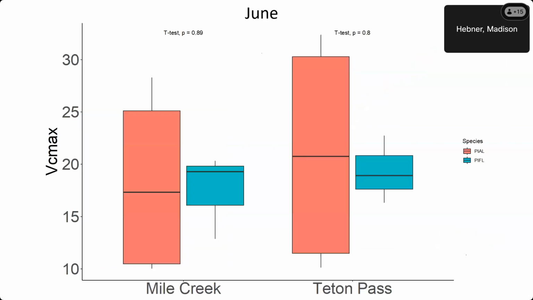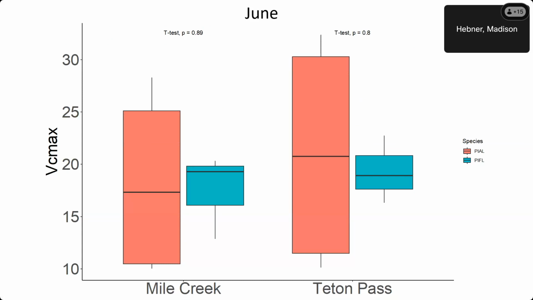We have some very preliminary results here because I just finished my field season on Friday. So here we have Vcmax, which is one of the photosynthetic parameters that tell us about performance. We did not observe any significant differences during the month of June between whitebark pine and limber pine at either site.